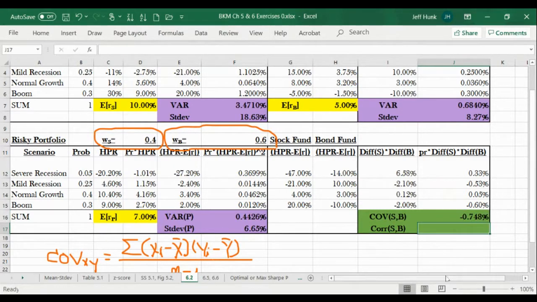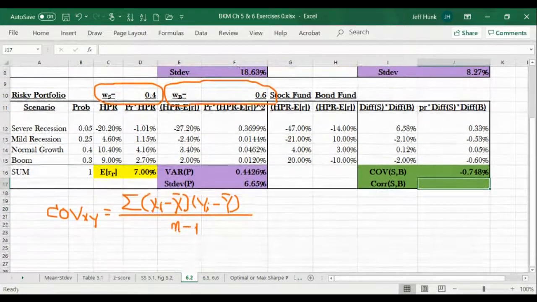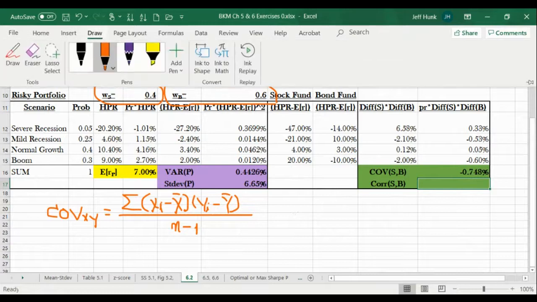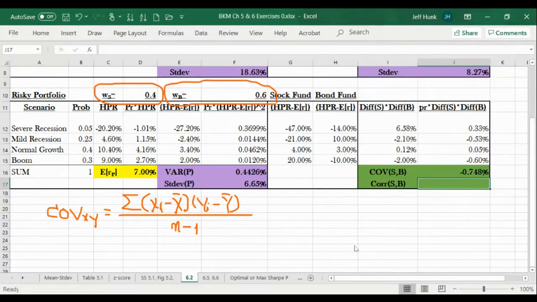And then the correlation is what? Since I cannot switch back to the PowerPoint, let me quickly write it. That's not P, that's the Greek character rho.